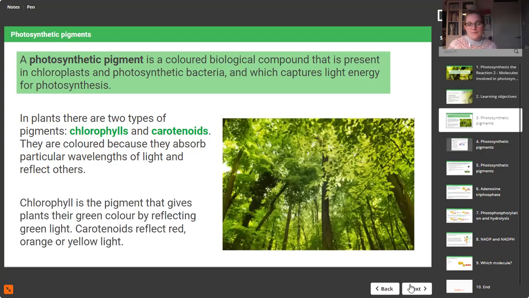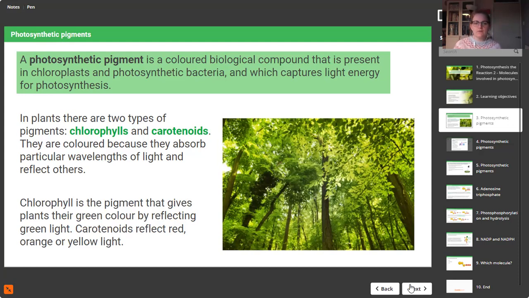So chlorophyll is that pigment that gives plants their green colour, and it gives it this green colour by reflecting the green light. If we think back, again, to early physics at school, the colour of the object that you see is the colour that it reflects, and it absorbs all the other colours.